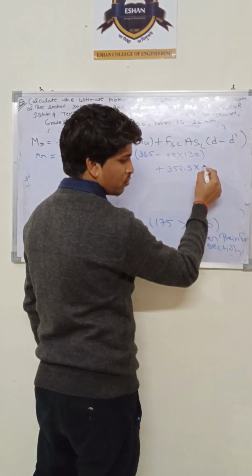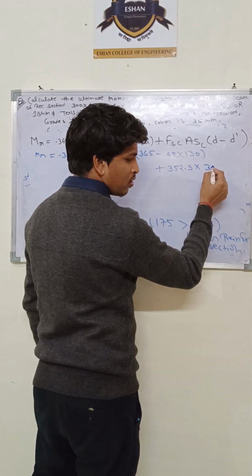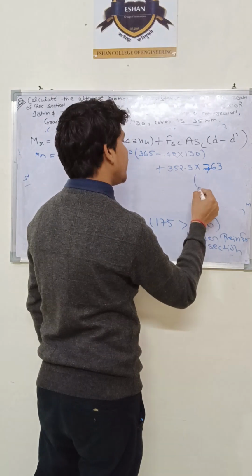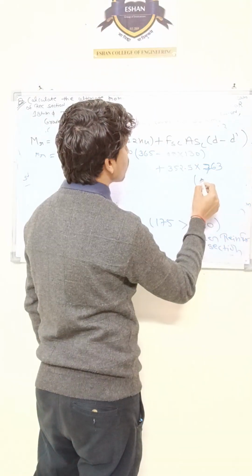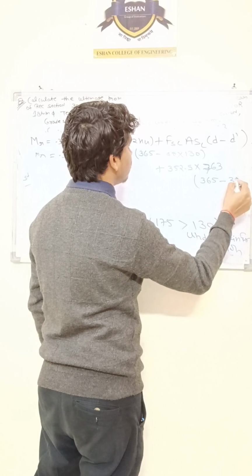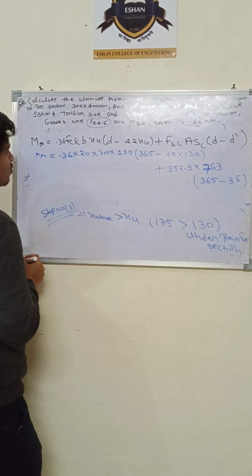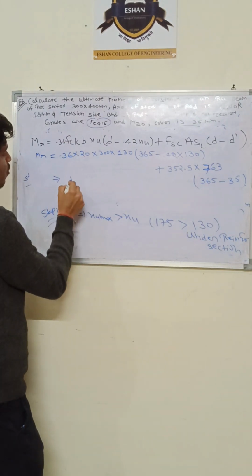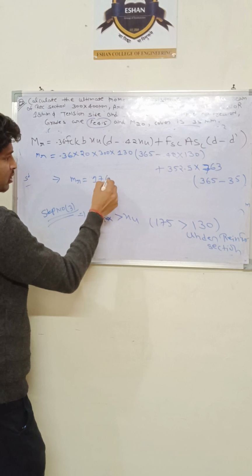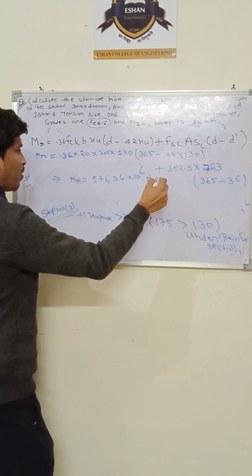Asc is 763, and d is again 365, minus d dash. When you calculate all these values, you get the value of MR as 176.36 into 10 to the power 6 Newton mm.